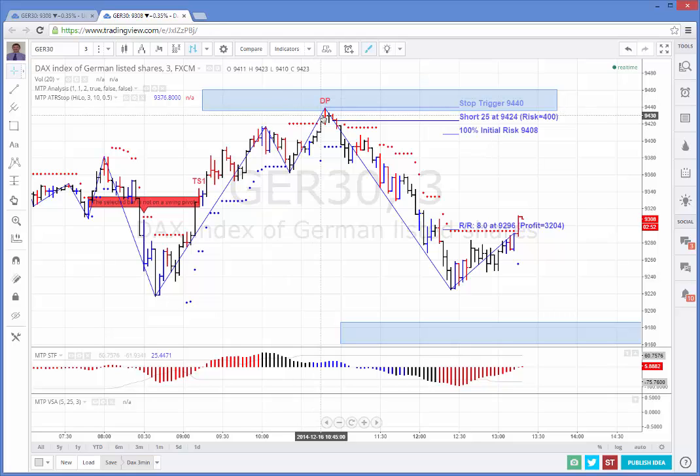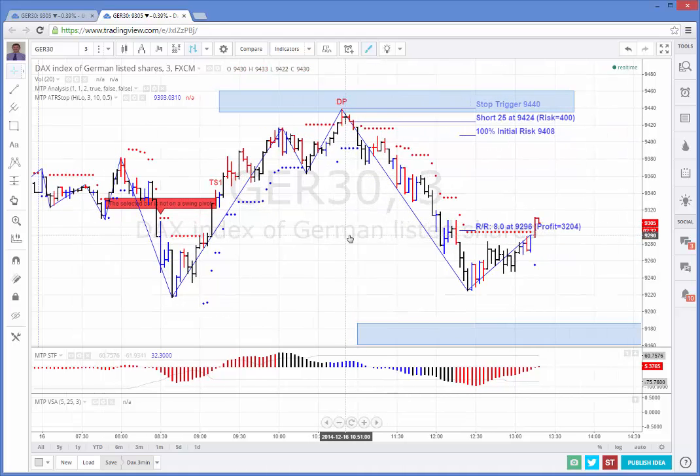We then look to trade on shorter time frame trade setups that fall either at our larger degree support and resistance zones, as in this example here, or in the direction of our larger degree trend. And in this case, it allows us to pick tops and bottoms like this with a small controlled risk. So hopefully this has been a good example of showing how the MTPredictor add-ons in TradingView have been working, with this example on the 3-minute DAX with 15-minute larger degree support and resistance unfolding this morning.